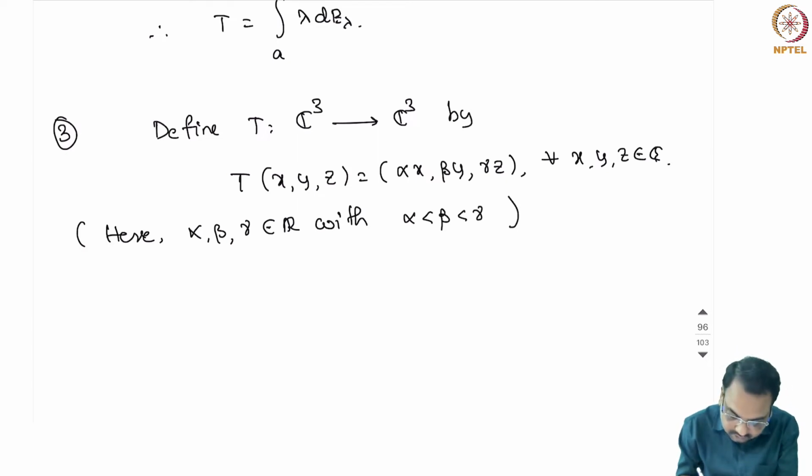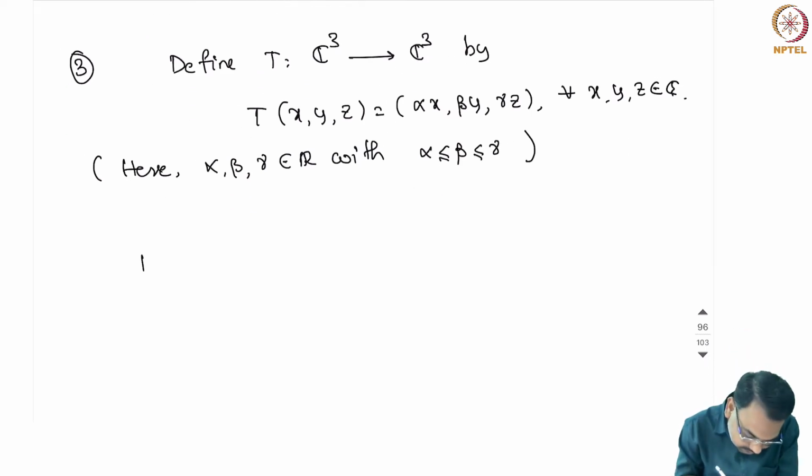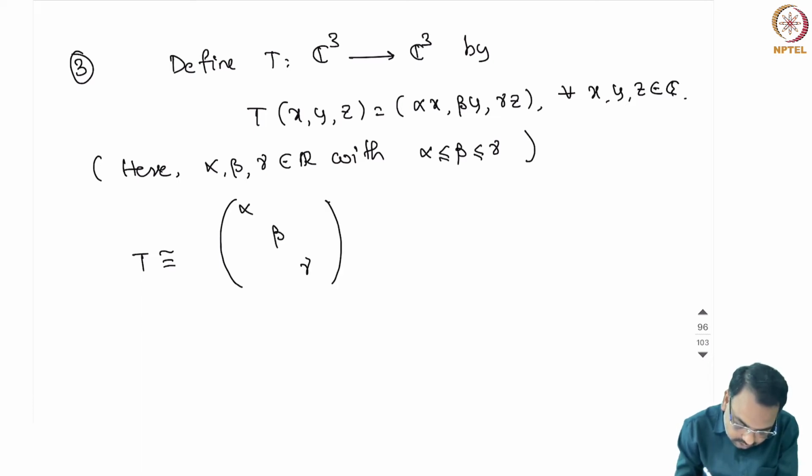In fact, we can take less than or equal to also. So T is nothing but, with respect to the standard orthogonal basis of C3, alpha, beta, gamma, remaining 0.